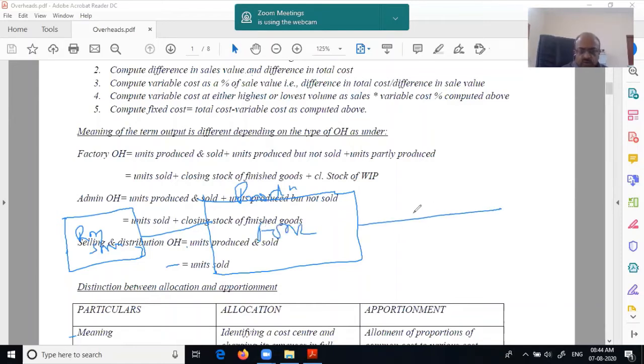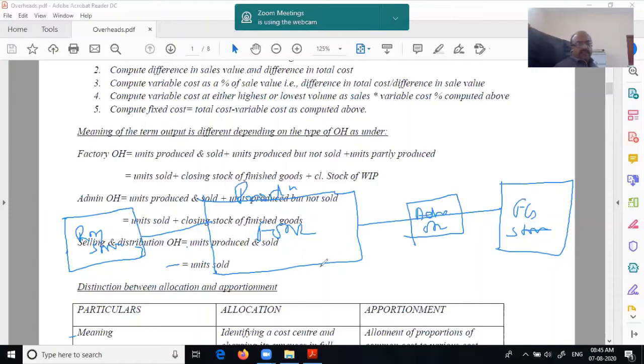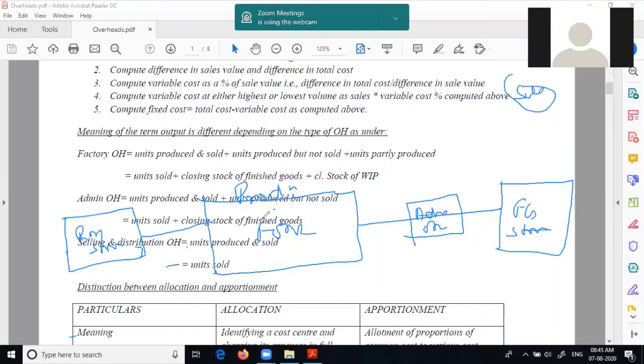Then it is going to admin, where admin overhead is being added, and then it is going to the finished goods store. So what is going through this is all units that have been produced and gone to finished goods and also sold. That also has to go through finished goods.